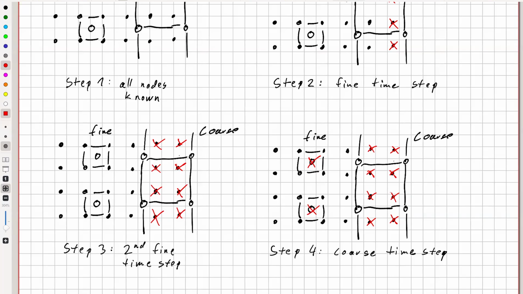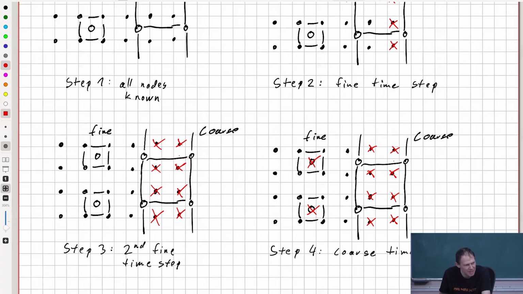People are starting to take pictures because it's too difficult to draw this, right? Okay. So now everything that has been interpolated before is gone, but now we have done 2 time steps on the fine grid and 1 time step on the coarse grid. So now fine and coarse are again synchronous.